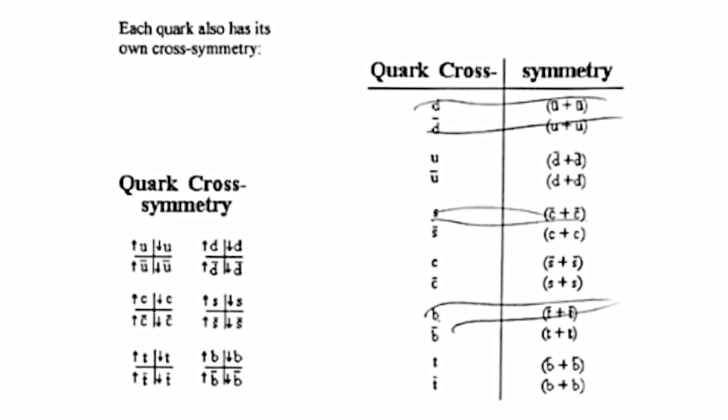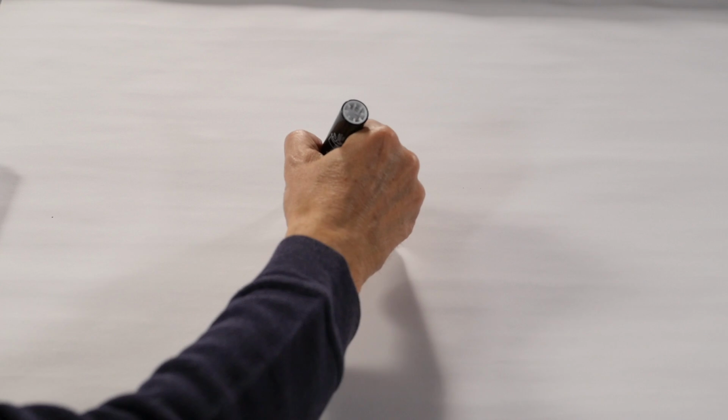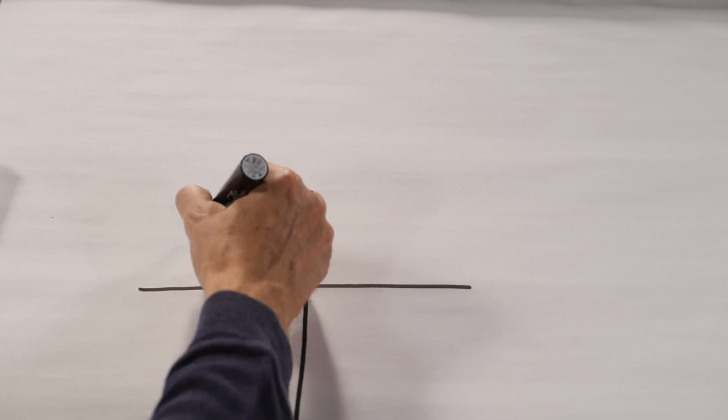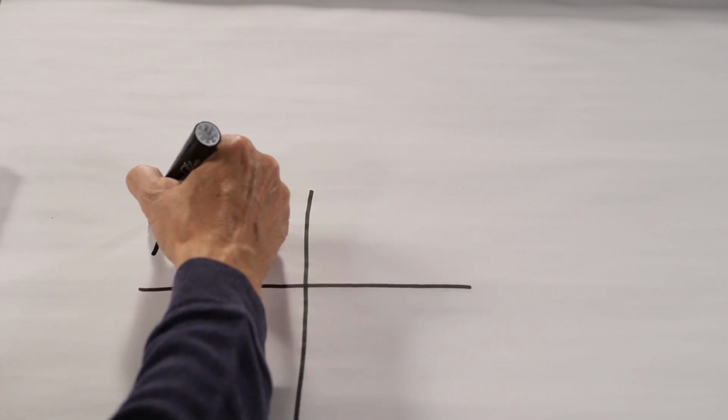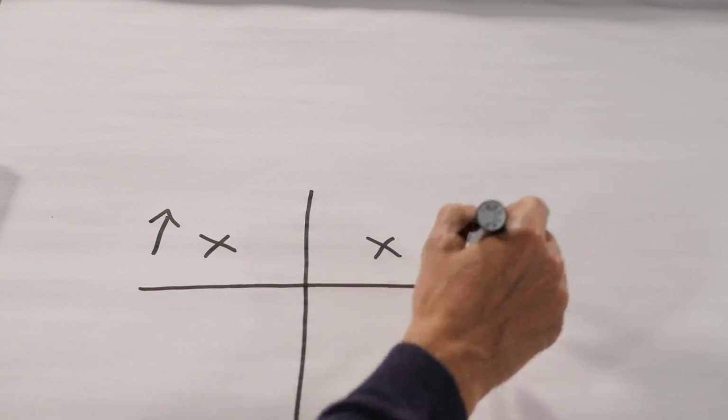So here we go ahead and we draw out the quark in cross-symmetrical form. So let me go ahead and draw this. The idea that we have here is that we basically have something coming out of the vacuum, something going back into the vacuum.